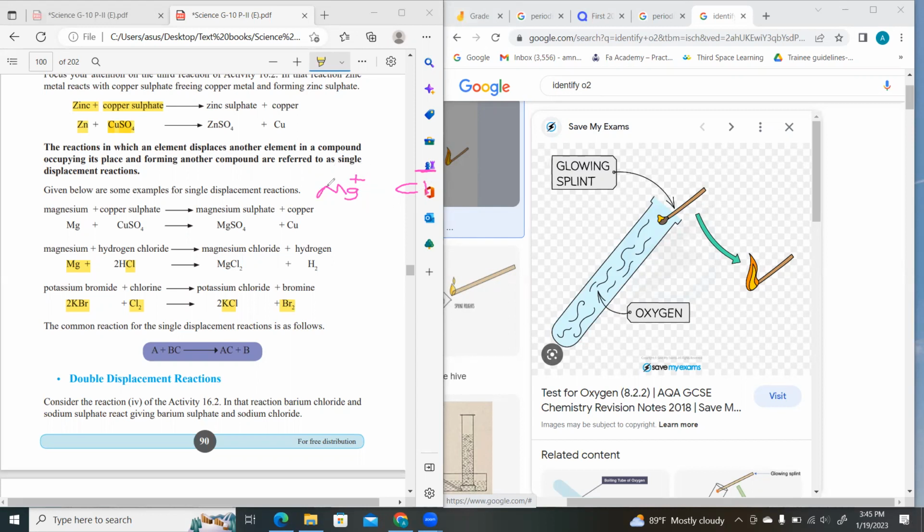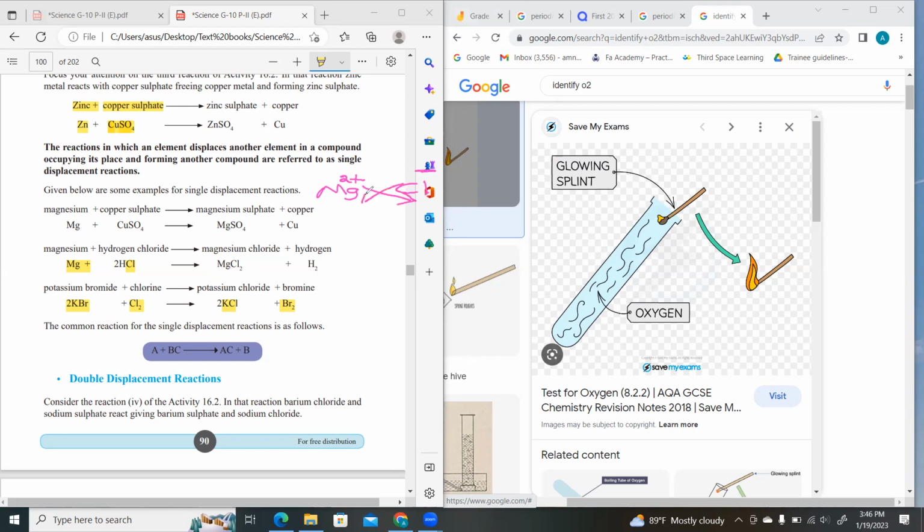But Mg is not plus. Why is that? Yes, I can see a few answers in the chat. It's not plus. Why is it not plus? Because Mg is in the second group in the periodic table. So it should be 2 plus, right? We all know how to write the formula.